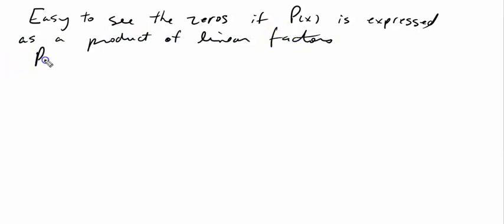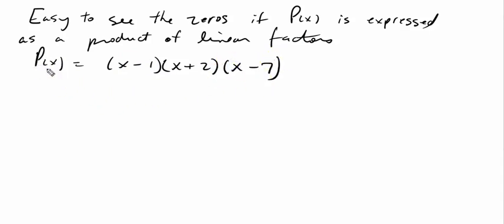Okay, so if you're given that and you're asked what are the zeros, well, we can see if I set this equal to 0, what will solve it? If x is 1, that'll make the whole thing 0.